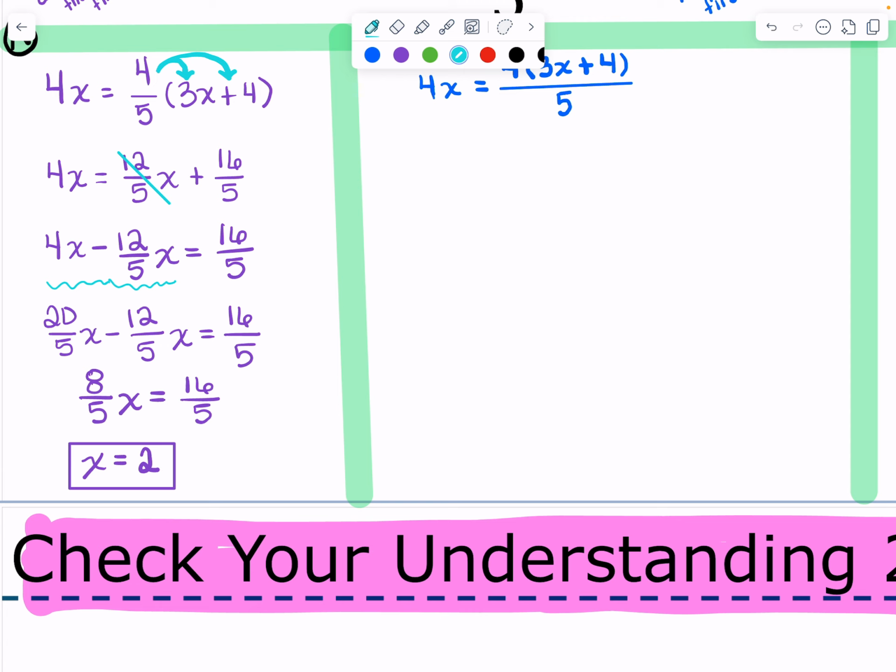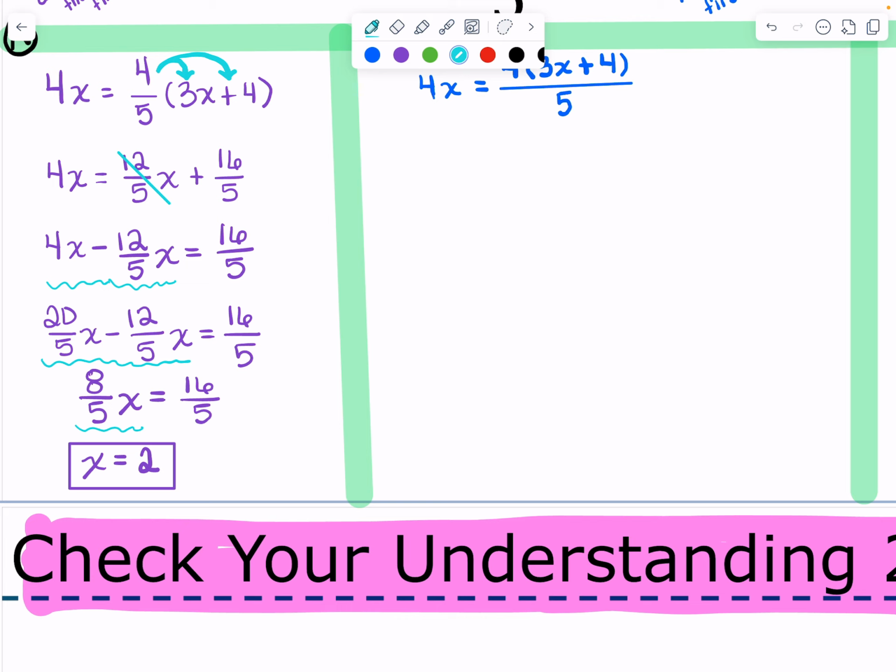So what's the common denominator going to be? It's 5. So I have to turn 4x into 20/5 x minus 12/5 x. Combining those two will give me 8/5 x, all equals 16/5.